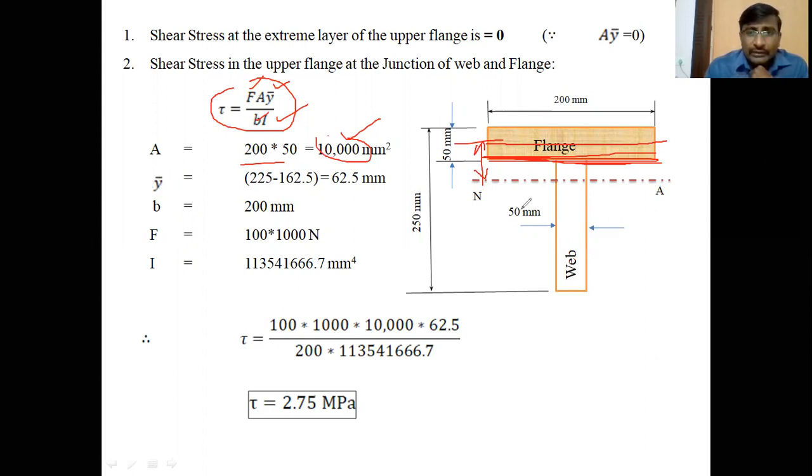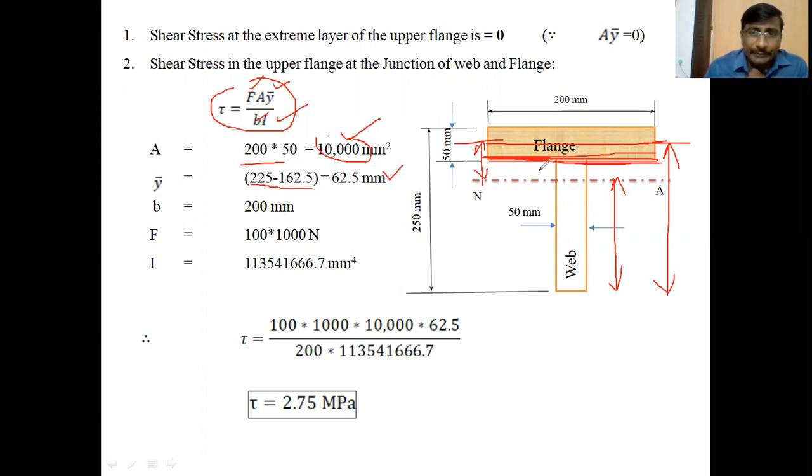Here the distance of the center of gravity from the bottom face is 225. From that, you should subtract the distance of the neutral axis from the bottom face, 162.5. So 225 minus 162.5, we get 62.5 mm, the distance of the center of gravity from the neutral axis.